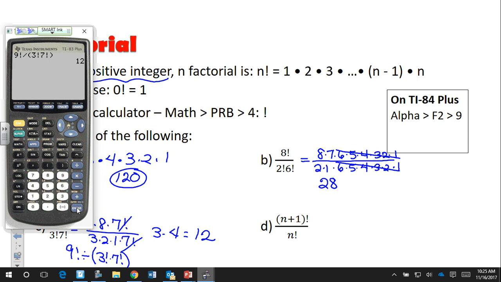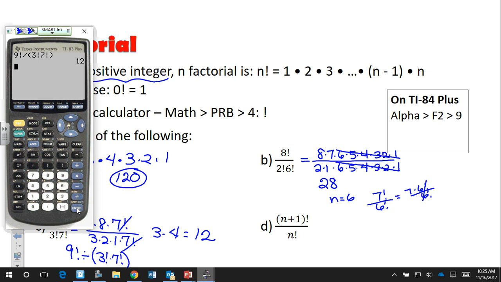All right, so if we say that n is 6, then what is 6 plus 1? 7. So that means that we're going to take 7 factorial and divide it by 6 factorial. What are we going to get? That would just be 7.